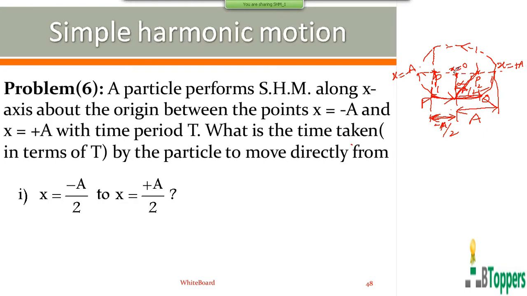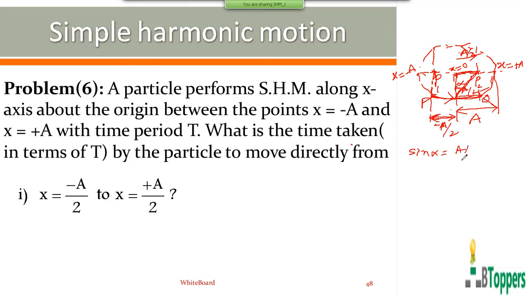So here, in this right-angle triangle, this length is equal to A by 2. So sine alpha you can write, this distance is A by 2. P2 is the position of the particle at which x is A by 2.